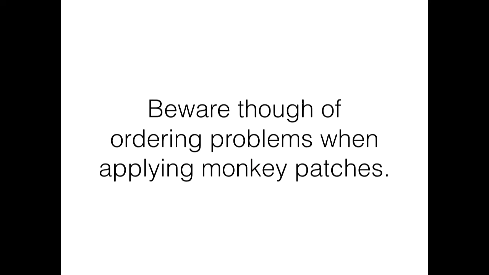Now, beware though of ordering problems. In the examples I showed before, in one case I imported the module explicitly and then applied the patch. The other one was doing it when it saw my patch decorator with the patch function wrapper, and essentially that caused the patch to be applied at that particular point in time.